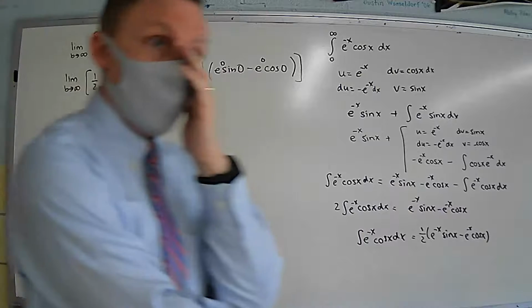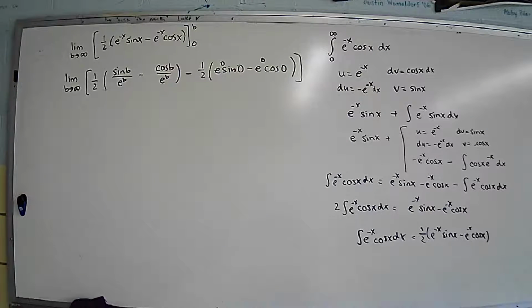Okay, so is everybody cool where we are right now? And evaluating that integral, I mean, that's a lot of stuff you got to write down. A lot of things to keep track of. Right?